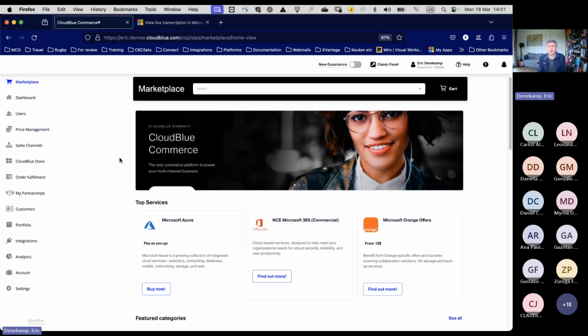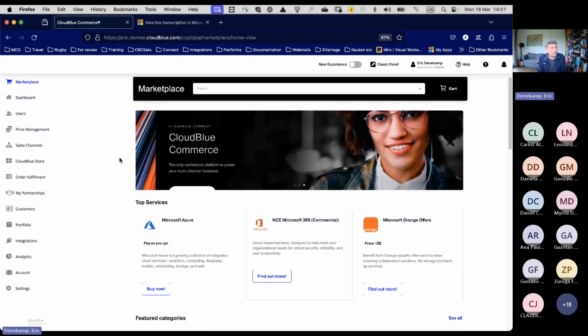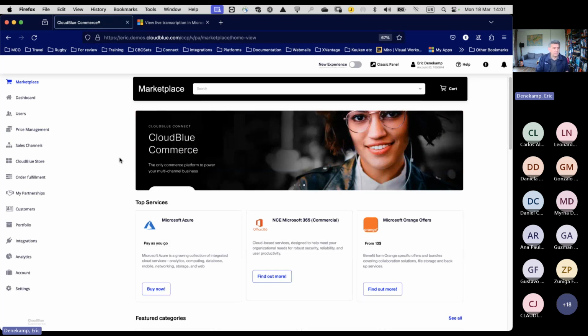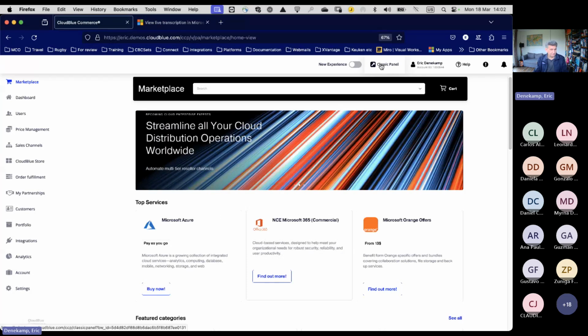This is how you always log in. You always end up in UX1 unless you are really working at this level. If you're working at provider, you log into the PCP, but you can switch to UX1. In all other cases, for customers and resellers, you first log in to UX1, and then there is this link, if it is configured for you, to what we call the classic panel.